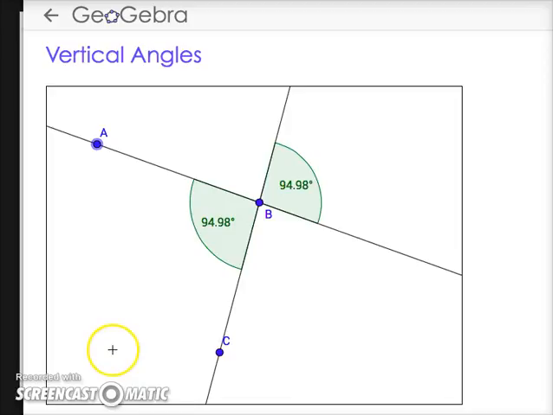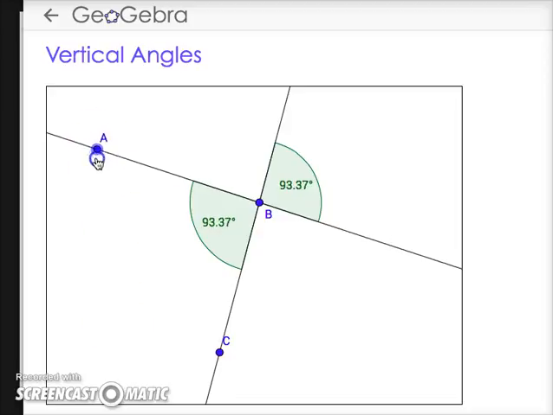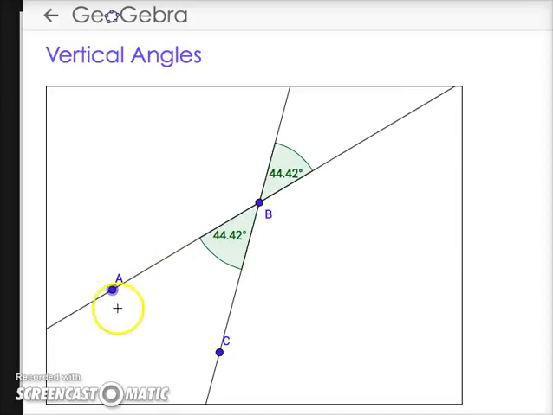So GeoGebra is a way that you can prove conjectures to yourself. That's not a mathematically rigorous proof, but you can test your conjectures. If you think that something might be true, you can set up a GeoGebra applet and drag your points around and see what happens.